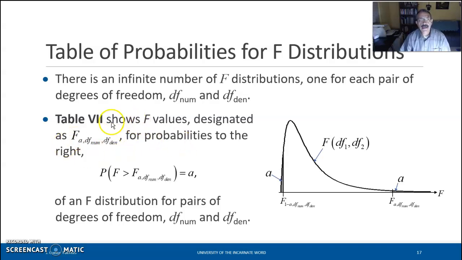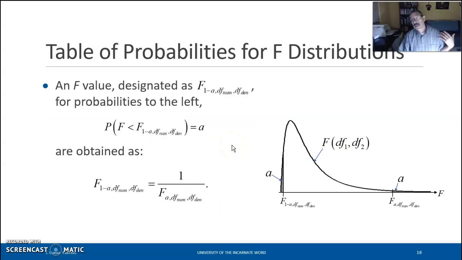This table shows F values that we are going to designate as F sub A, with the degrees of freedom in the numerator and the degrees of freedom in the denominator, for probabilities to the right for some probability A. So Table 7 for a particular probability A is going to give you this F value right here, the one at the top. And of course, to select the right F distribution, you need to know the degrees of freedom in the numerator and the degrees of freedom in the denominator.